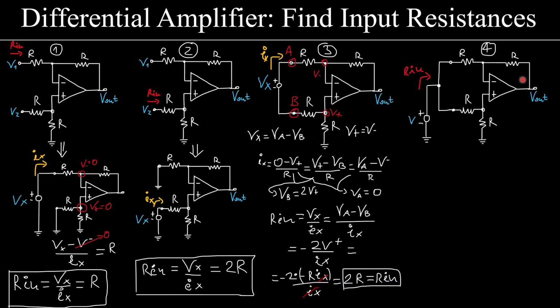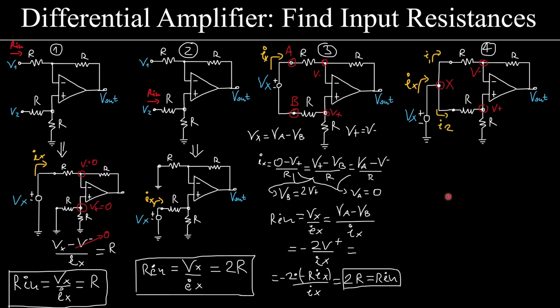All right, moving on to this final case over here. I'll do the same thing as I did before, and I change this voltage into a Vx. I'll name this Vx. I measure Ix in relation to Vx, just so I find my input resistance over here.